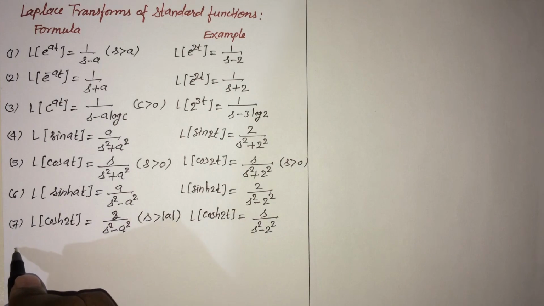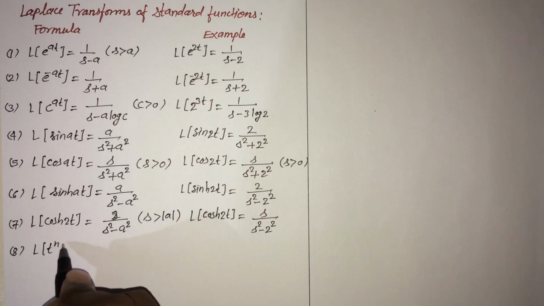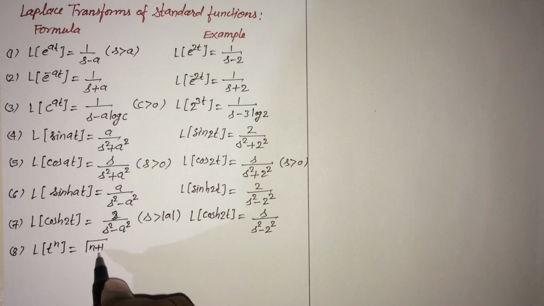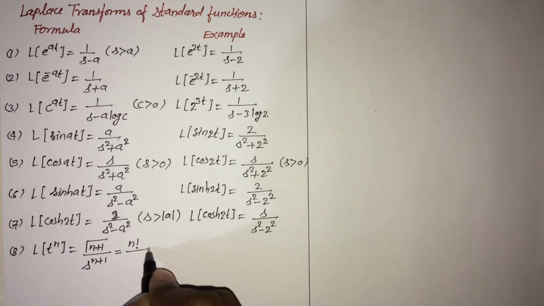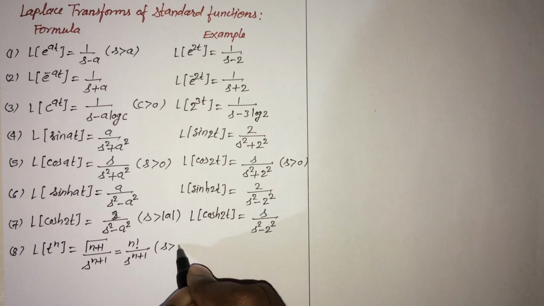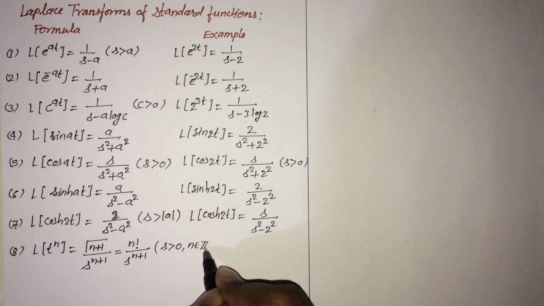Next one, Laplace transform of the function t raised to n is equal to gamma function of n plus 1 divided by s raised to n plus 1, and gamma of n plus 1 is n factorial, so it is n factorial divided by s raised to n plus 1, for the condition s greater than 0 and n a positive integer, n belongs to Z plus.